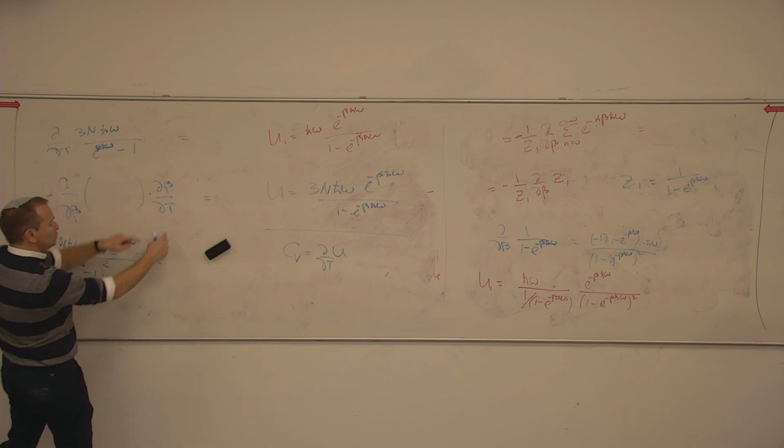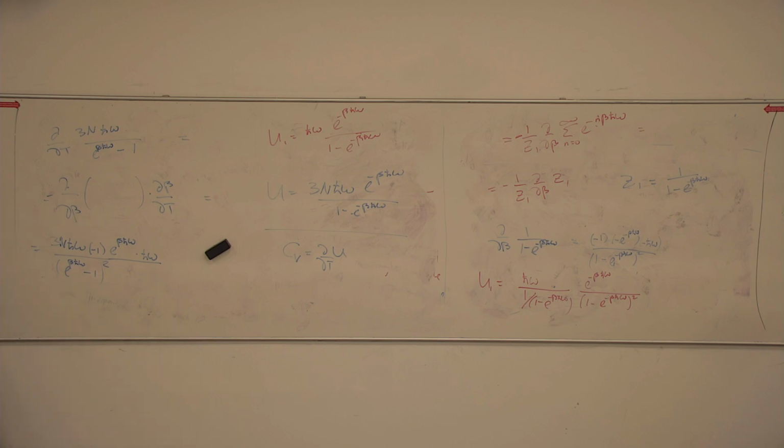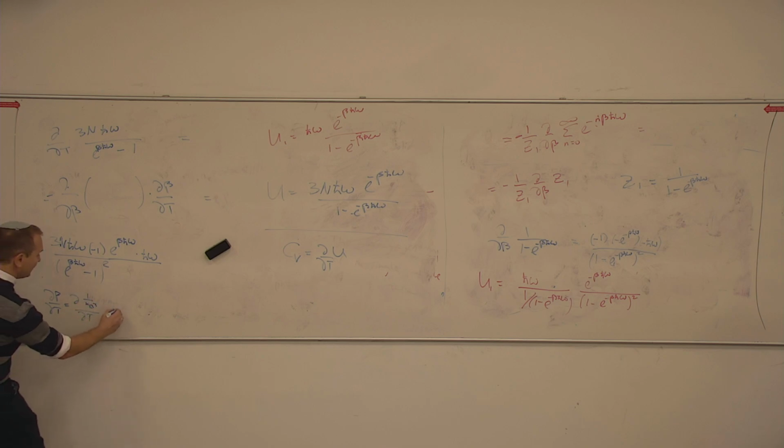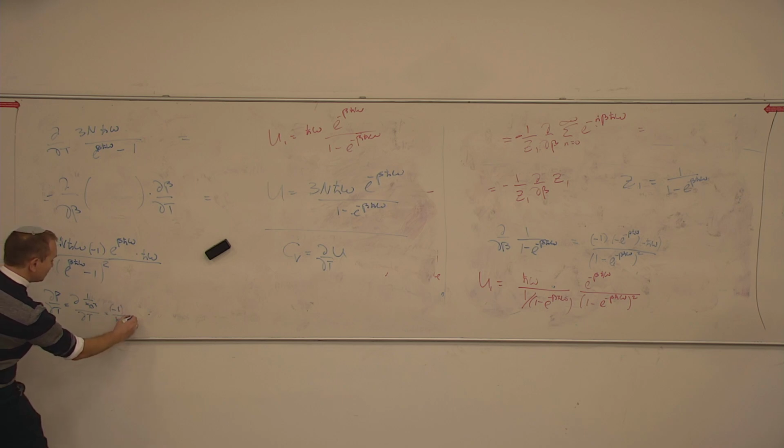Now d beta dT is what? Let's write it down over here. d beta dT equals d of 1 over k Boltzmann T, dT, which is minus 1 divided by k Boltzmann T squared.